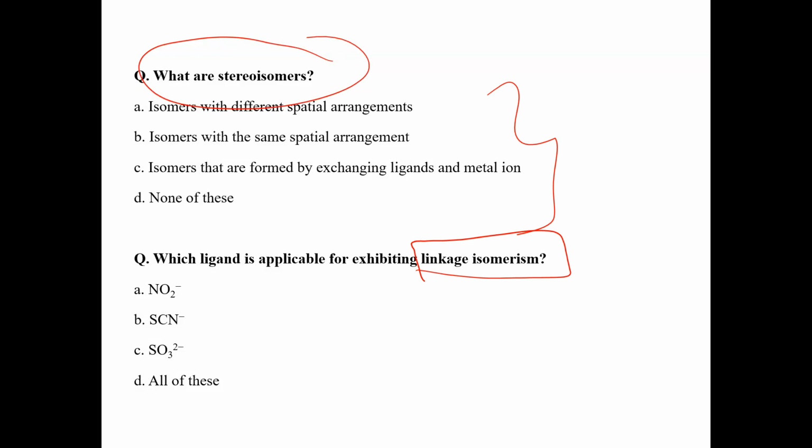Basically, the ligand which contains more than one donor atom, and it can bind to the central metal atom through any of these atoms, the ligand present in the complex will exhibit linkage isomerism. Okay, so try to give the answer. After that I will explain in detail.